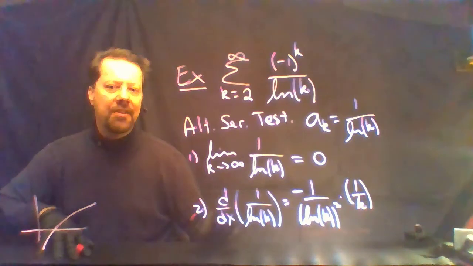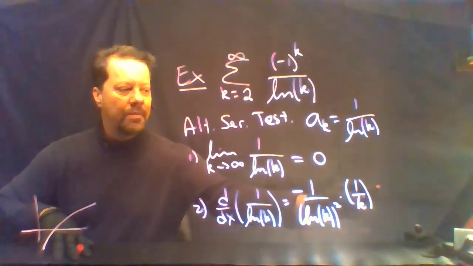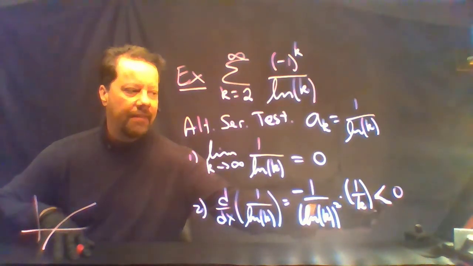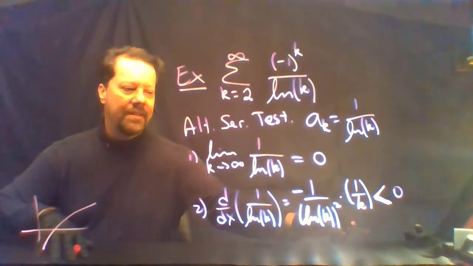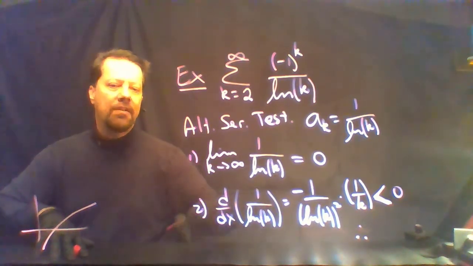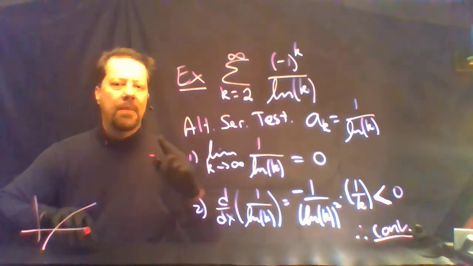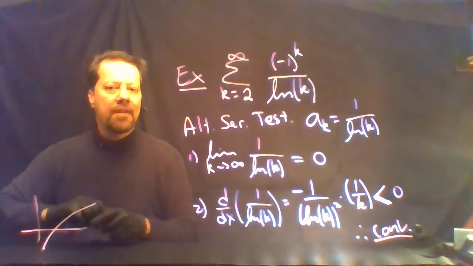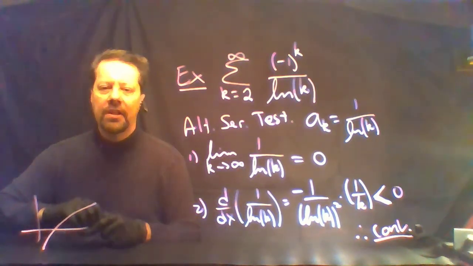Since k values are taken from 2 or higher, this will be negative in that region, and hence this is monotone decreasing. We deduce then that the series converges. But we have not resolved whether or not the series converges absolutely, or if it converges conditionally.